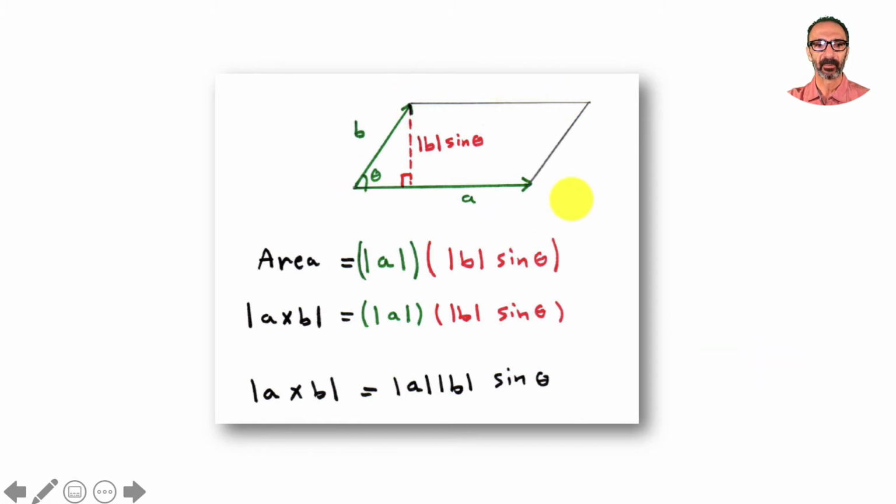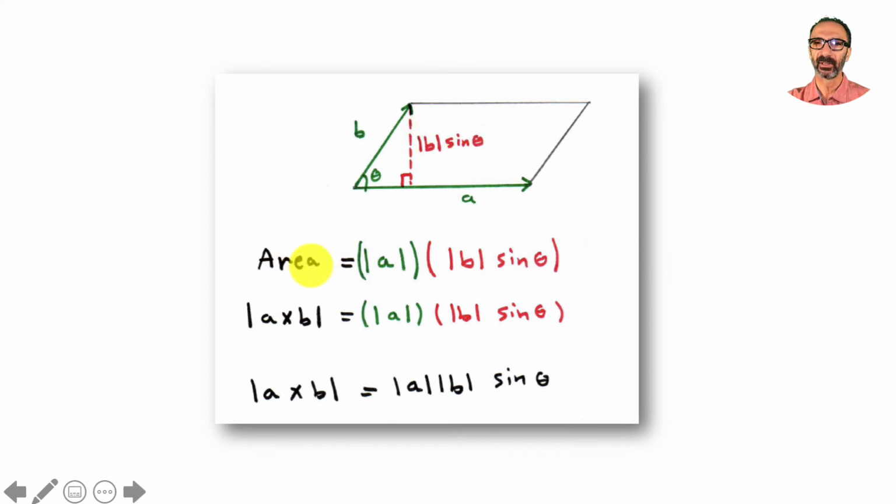This parallelogram formed by the vectors A and B with an angle in between has this height, and this height from a right triangle is the opposite, and the opposite could be written in terms of the hypotenuse as the magnitude of B times sine theta. You could derive this yourself by saying sine theta equals opposite over hypotenuse, then solve for the opposite, and that's what you get.